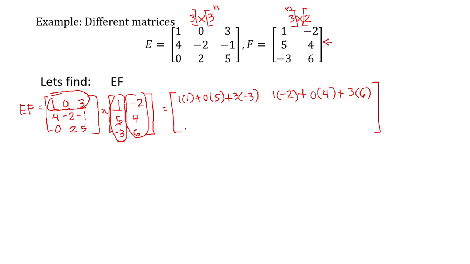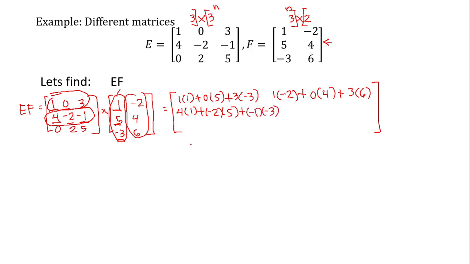Okay? So, second row naman tayo and first column again. So, we have 4 times 1 plus negative 2 times 5 plus negative 1 times negative 3.